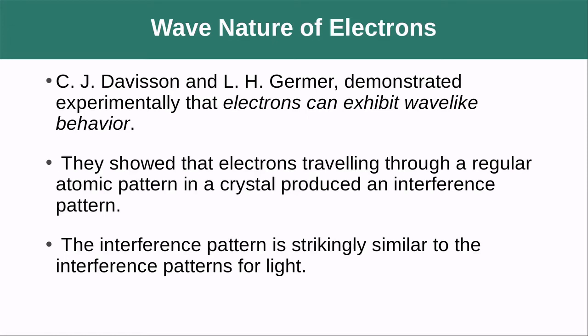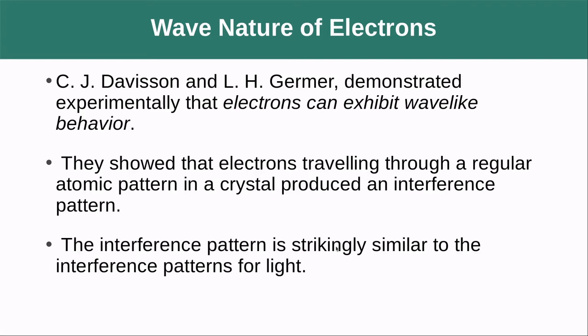So de Broglie had given us some sense that electrons were behaving like waves, but we really didn't have great experimental evidence that this was true until Davisson and Germer demonstrated experimentally that electrons can exhibit wave behavior. They showed that electrons traveling through a regular atomic pattern in a crystal produced an interference pattern.